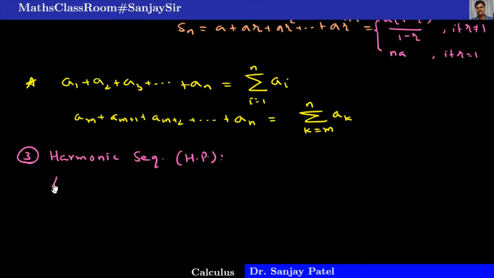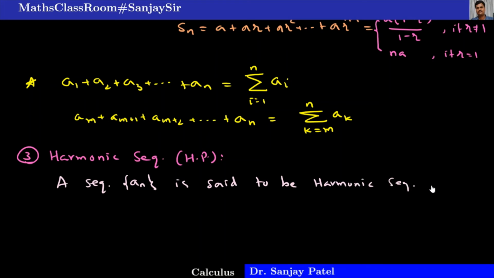Means a sequence an is said to be a harmonic sequence if the sequence of reciprocals, that is, the sequence 1 upon an, is an arithmetic sequence.